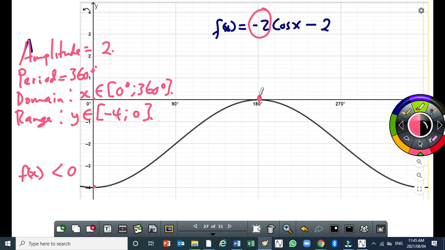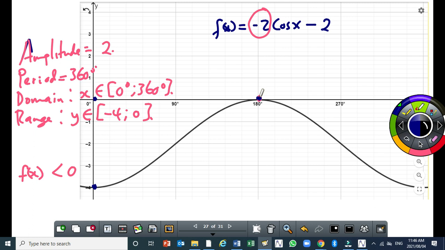So what that means is our answer for that question, f of x is less than 0 between x equal to 0, which is at the origin there, and x equal to 180 degrees. And also all the values of x that are greater than 180 degrees.